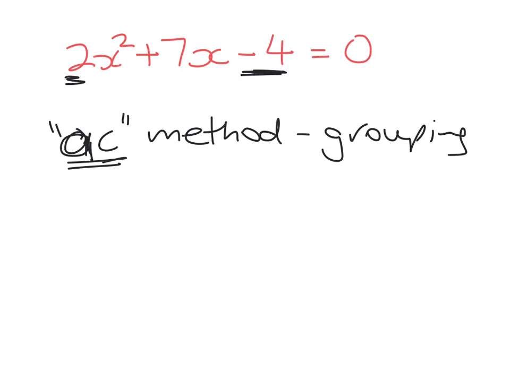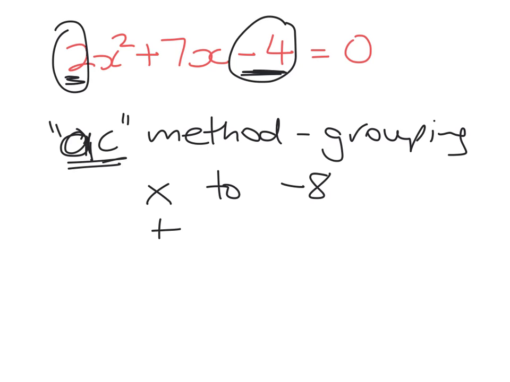So we're going to look for numbers that multiply to give me negative 8, this term, and add to give me this. So we could try 8 and negative 1, and that works.